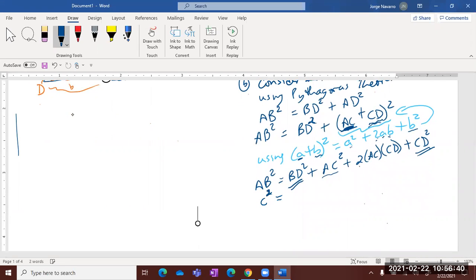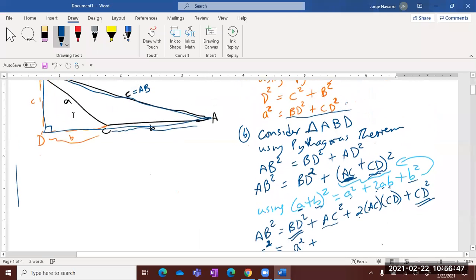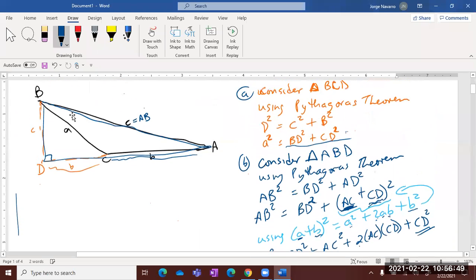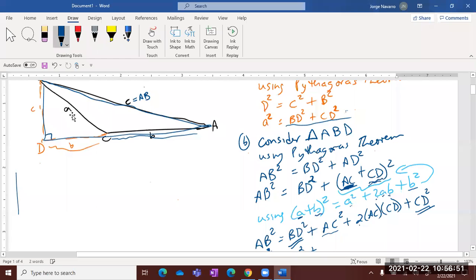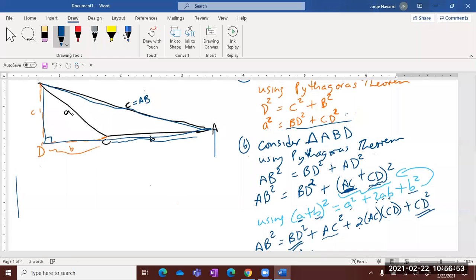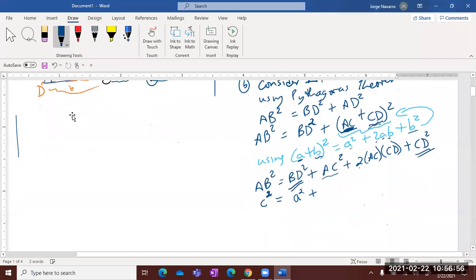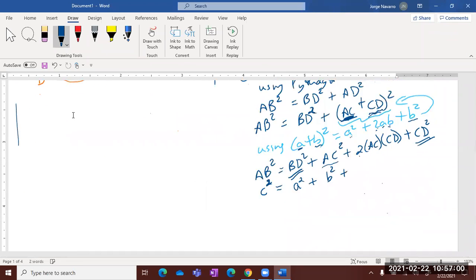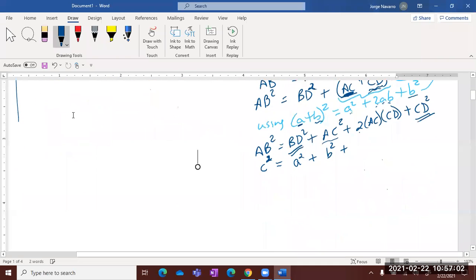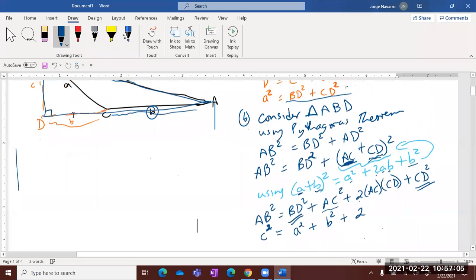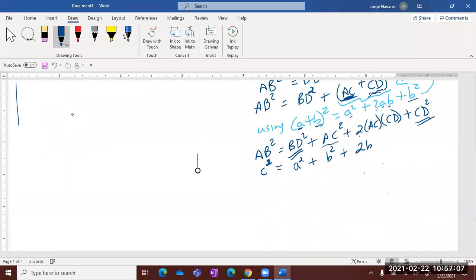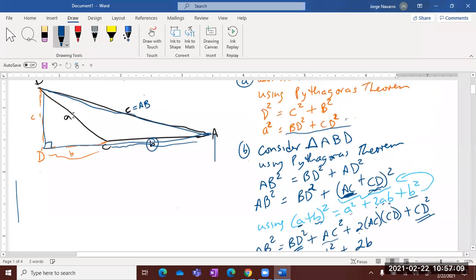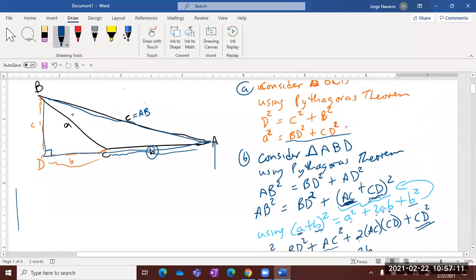equals, well, I just told you that this and this gives me A squared plus, let's look at the next one, AC. Where is AC? AC is right here, see, A to C. And A to C, we call it B. So this will be B squared plus, now here's the problem, 2 AC we said is B. Now the problem is that CD is imaginary.